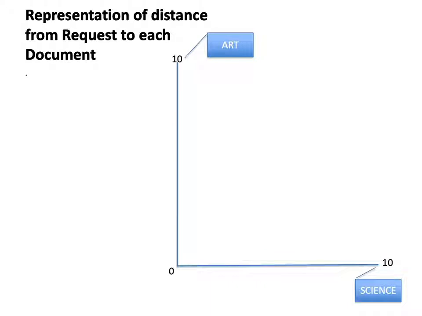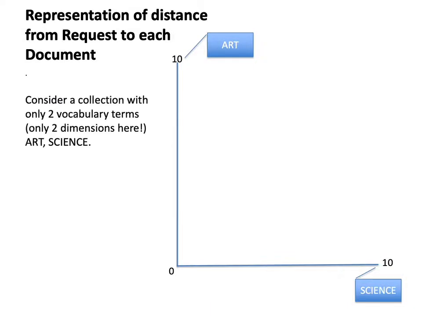We can weight them as points on the graph, as coordinates for each of the axes. Knowing a little geometry offers different ways of measuring the distances. Let's take a little look, a tiny fragment of a collection here.